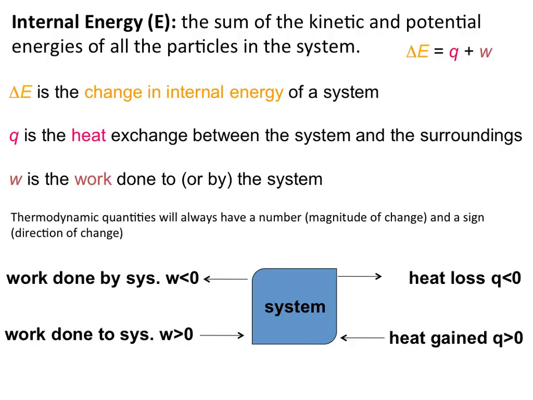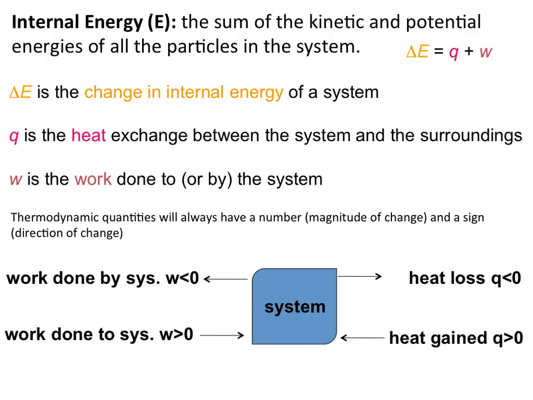This delta E that you see here is the change in internal energy of a system, and it can be represented by the equation here, which shows that the change in internal energy of a system is equal to Q plus W. Q is the heat exchange between the system and the surroundings. Remember, the system is what you're focusing on, and the surroundings is basically everything else. W represents the work that is either done to or by the system that you are focusing on.